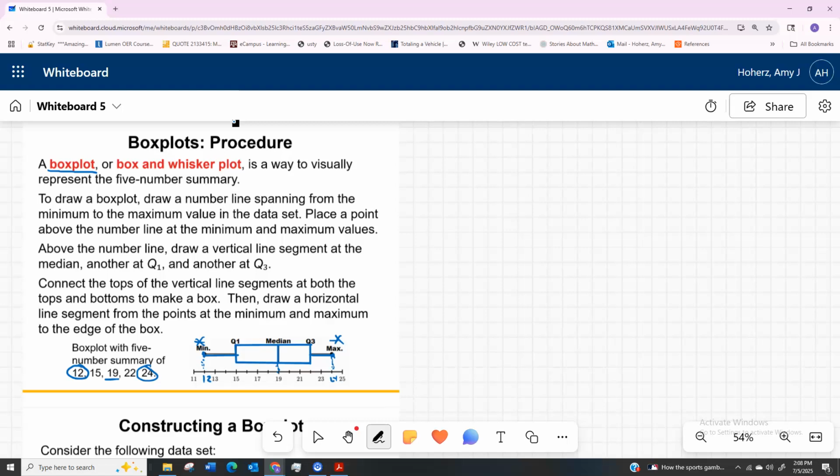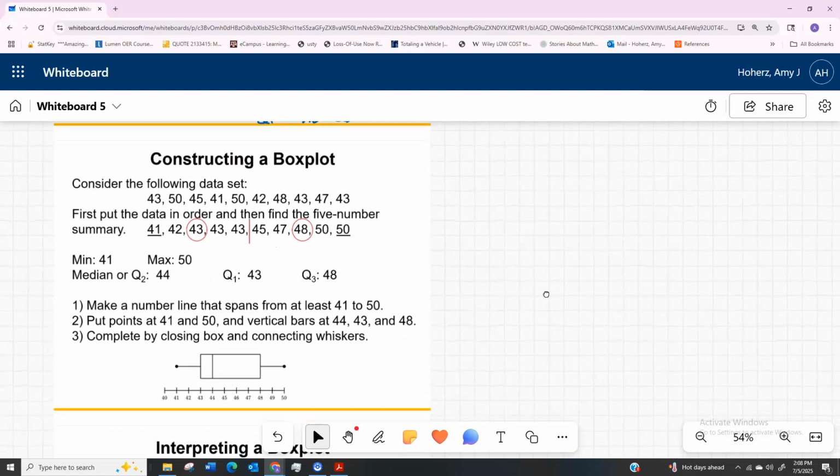And then 15 was the Q1. And 22 was the Q3. And then it gives us an idea. And this one is pretty evenly spread. You could see that the whiskers and the 2 pieces of the box are pretty similar in size. So this was pretty evenly distributed data.